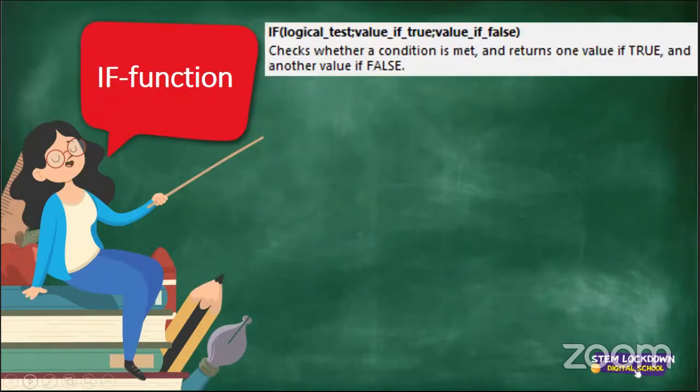Okay, so we're back at the if function. The if function that we did yesterday, we said firstly it's a logical test, followed by a value if true, followed by a value if false, and it determines with your query or your criteria if it's going to be true or false, and it gives an answer.